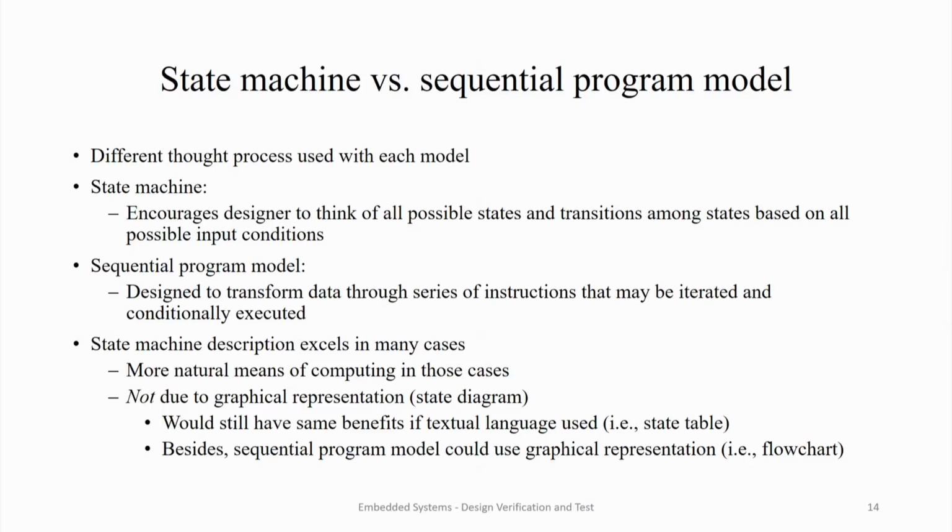State machine description excels in many cases. When you have control dominated systems, a state machine is a very easy, succinct, simple way of expressing them, and it becomes much less cumbersome than a sequential model. So, state machines often are a more natural means of computing in those cases, not due to graphical representation.